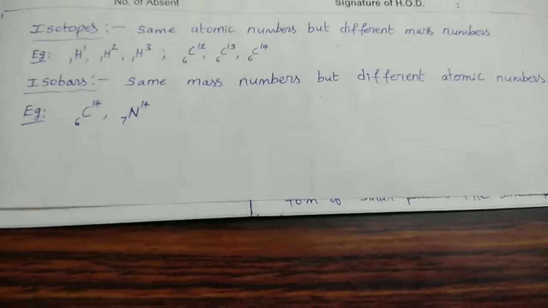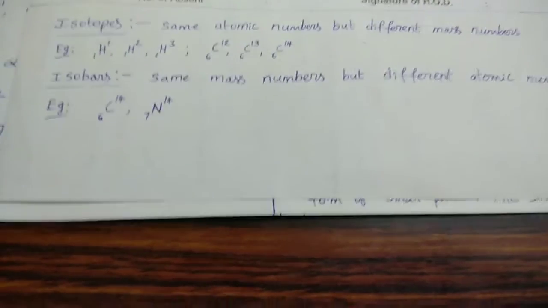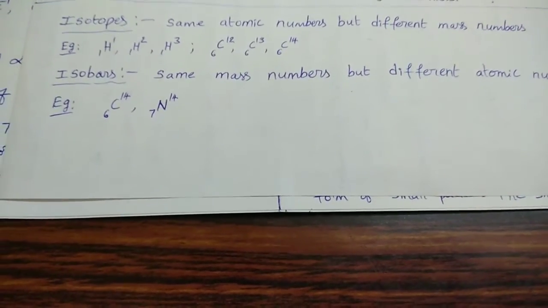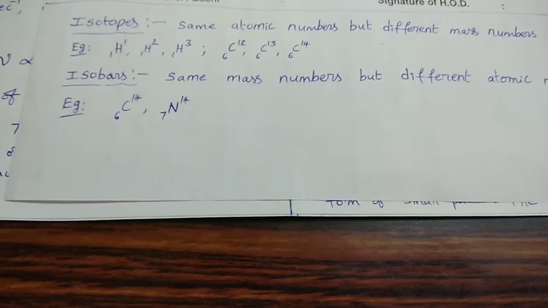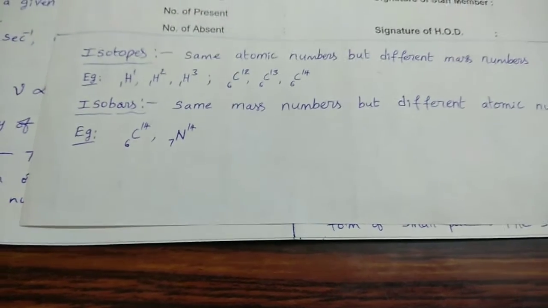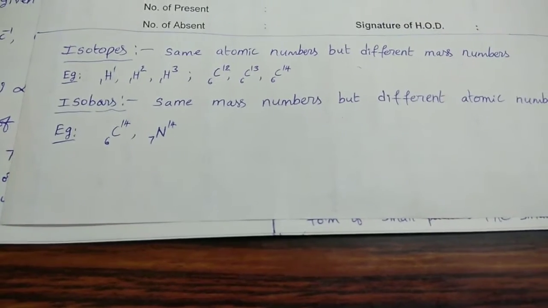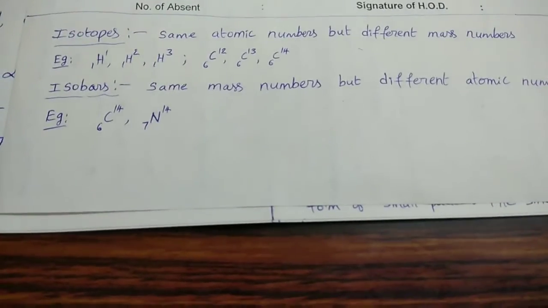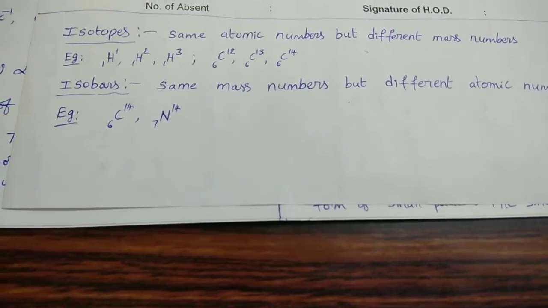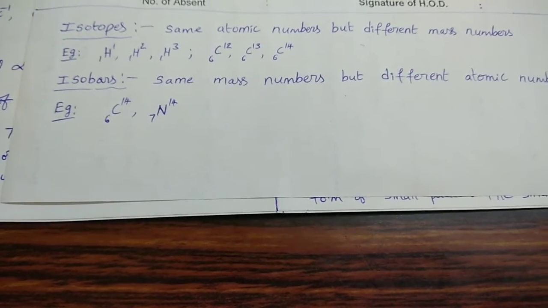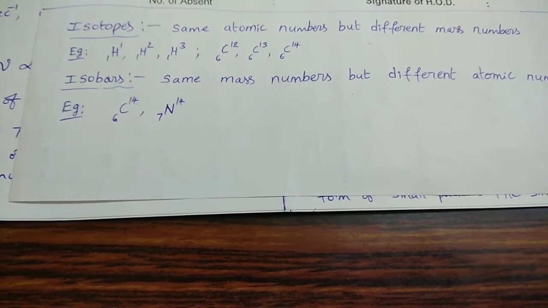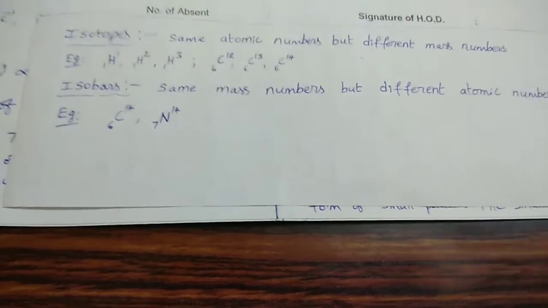Next, isoelectronic species. Neutral atoms, ions or molecules having the same number of electrons are called isoelectronic species. Understood? Neutral atoms, ions, or molecules having the same number of electrons are called isoelectronic species.